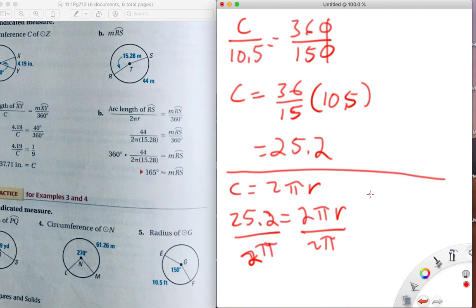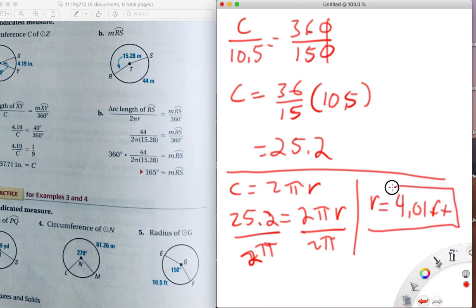And I get that my radius is going to be equal to about 4.01. In this case, I believe it's feet. So this is a two-part problem. The first part was just like number 4, finding the circumference. And then part 2, after you find the circumference, divide both sides by 2 pi so that you can get the radius. And I got 4.01 feet.